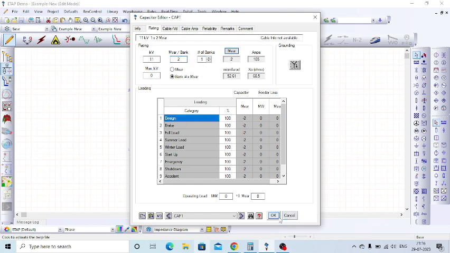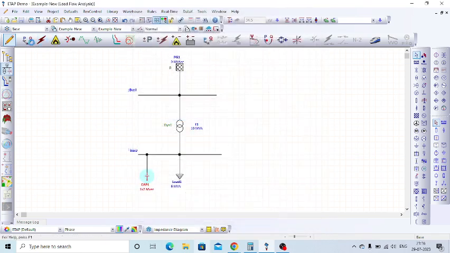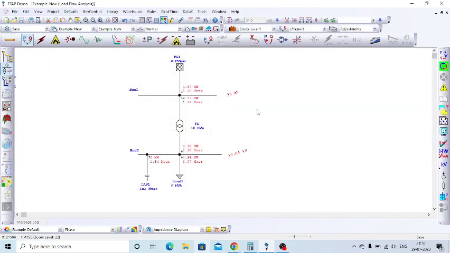Okay. So when the capacitor bank is connected to the line, it will supply the reactive power so that the voltage can be improved. Can you see this? The 2 MVAR capacitor bank is supplying 1.94 MVAR of reactive power, so that the bus voltage is improved.